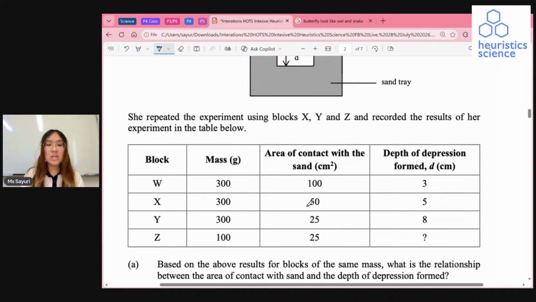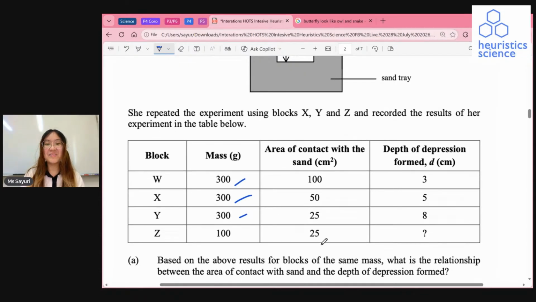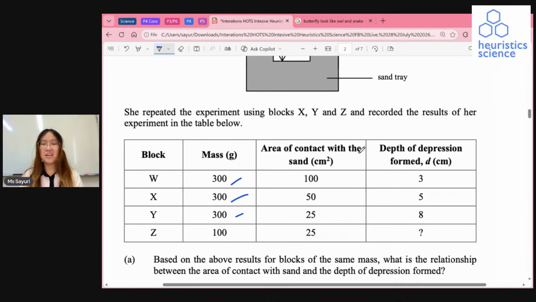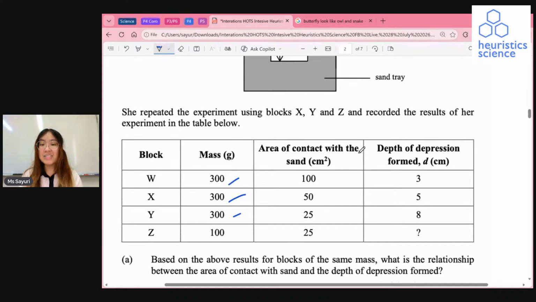Same mass, so you don't look at Z, because we can only compare W, X, and Y. Can you see that? They're asking you for the relationship between the area of contact with the sand against the depth of depression. The English is phrased in an interesting way. Now, this depression is not, I'm so sad, not that depression.